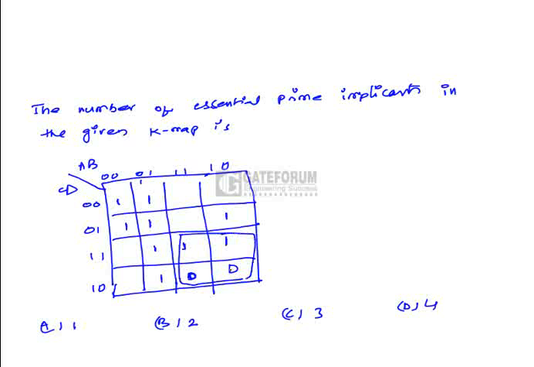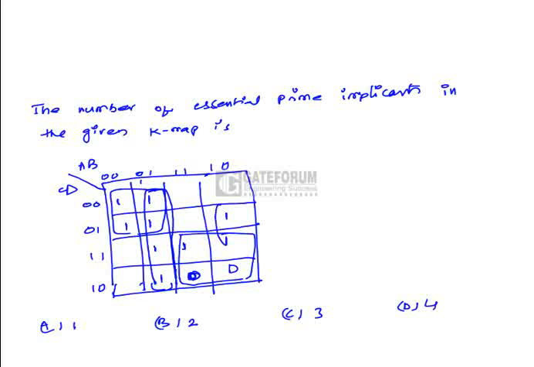Here these two are don't cares, so we can take them as ones, as we can form a quad with those. So this is one more quad, and this is one more quad.